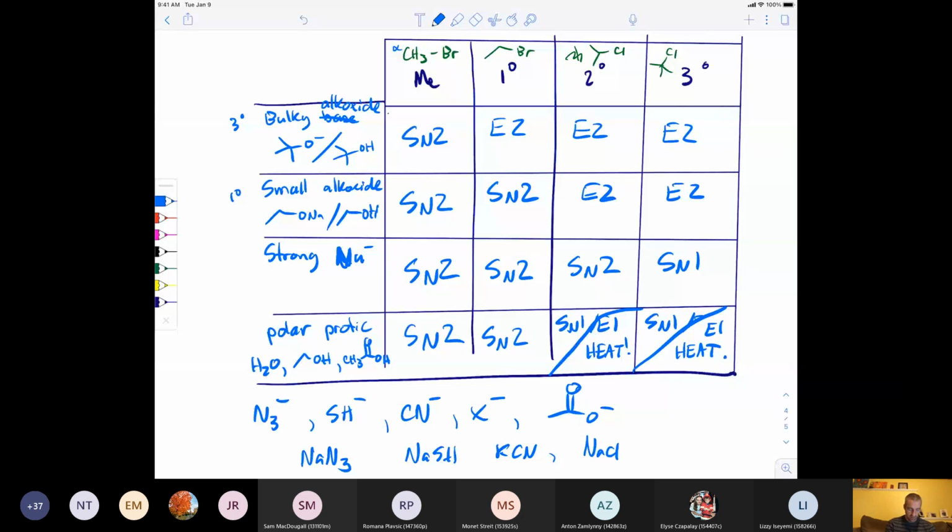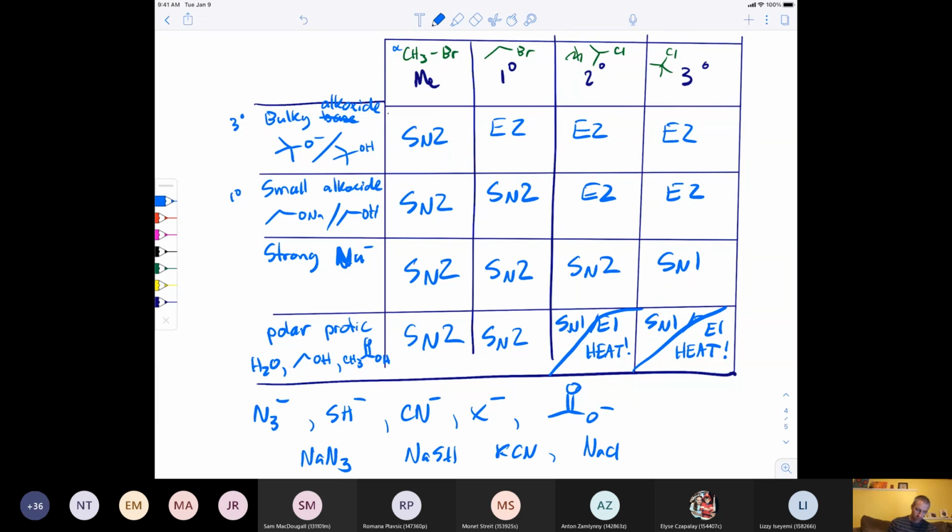Substitution gives you the same number of particles you started with. E1 gives you additional particles. So it's an entropy reason. Higher temperatures favor reactions that have a higher positive delta S. So if you see conditions that have heat, then do E1. And if it says room temperature or cold or something like that, do SN1.